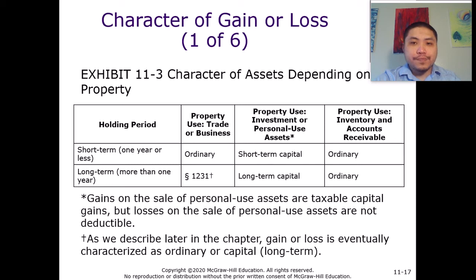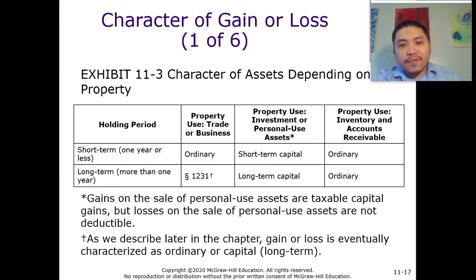If the holding period for this property is more than 1 year, then the gain or loss is going to be treated as section 1231 gain or loss. We're going to discuss this in detail in a moment. So that was trade or business.